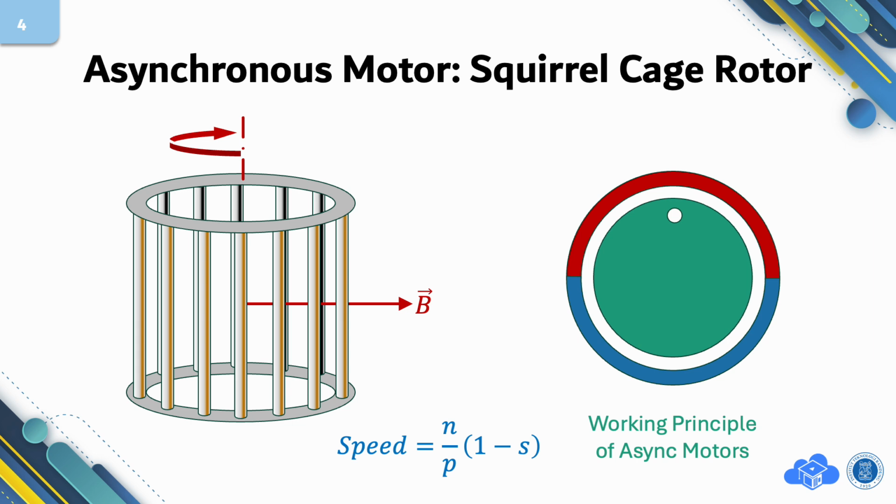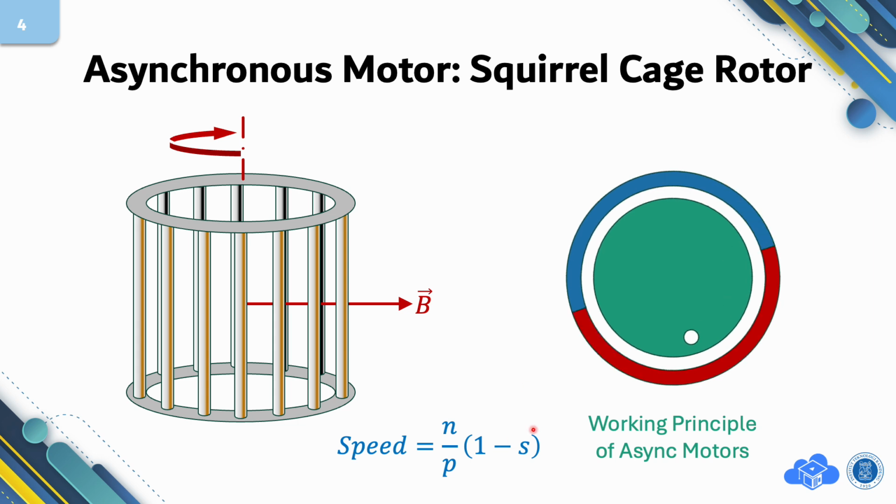And here is the illustration of the working principle of an asynchronous motor. The rotor will be rotating asynchronously, because it should maintain the relative motion between the rotating magnetic field and the rotation of the rotor.